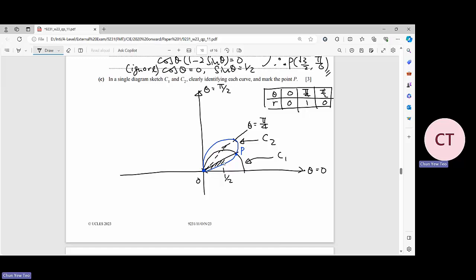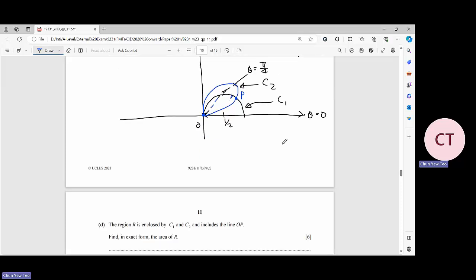This part of the area belongs only to C2, and this part of the area belongs only to the circle. So we need to solve the areas separately. I don't want to make my diagram messy over here, so I just write like this.